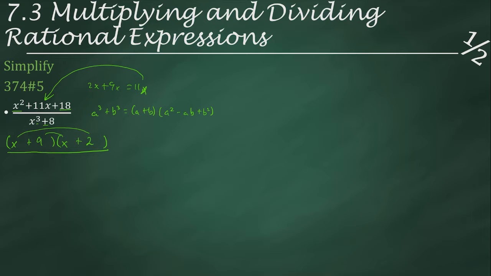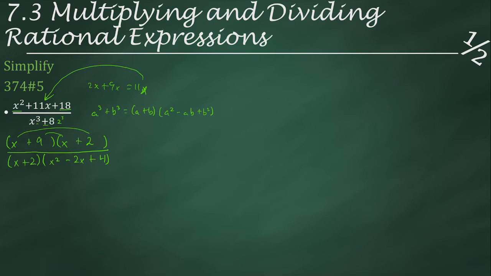In this case, a is x and b is 2, because 2 cubed is 8. So it'll be a plus b, a squared minus a times b plus b squared. 2 squared is 4. And you could try to factor that more.